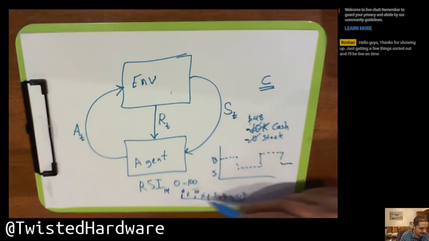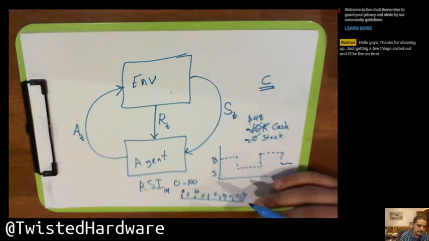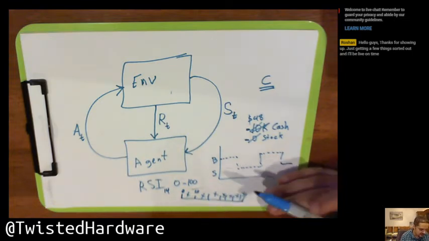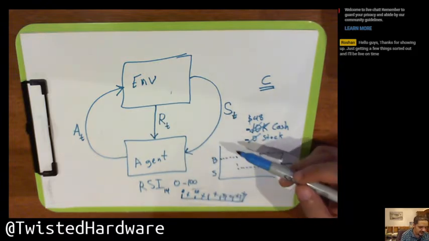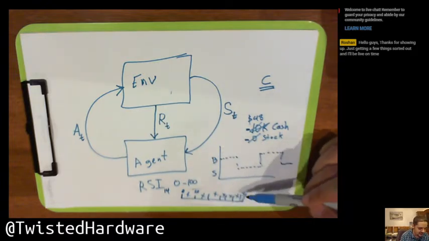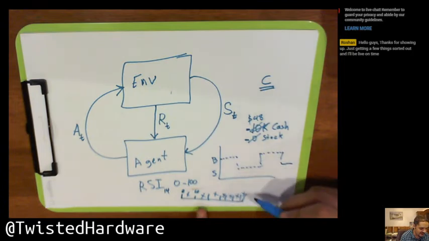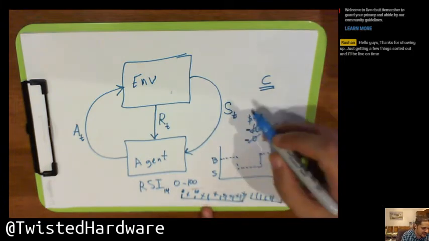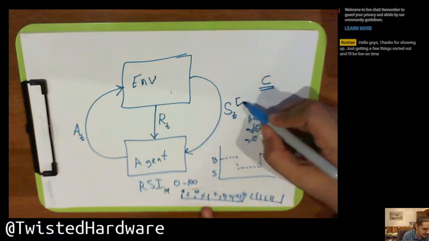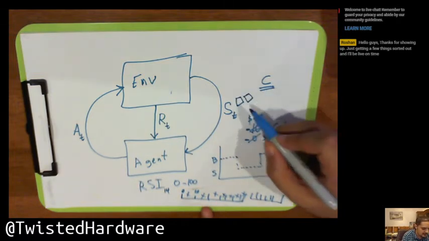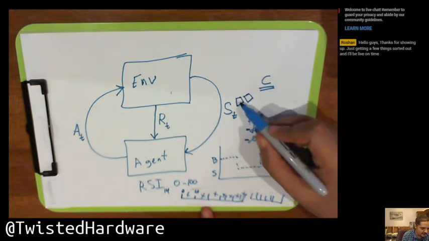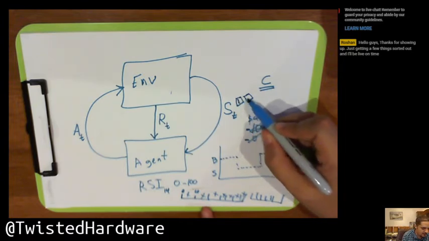To give our agent a little bit of context, I don't only give it today's RSI, I will give it yesterday's RSI in the same exact way. So my state is actually two numbers. I will feed the state as two numbers, so I might tell it 1, 2.